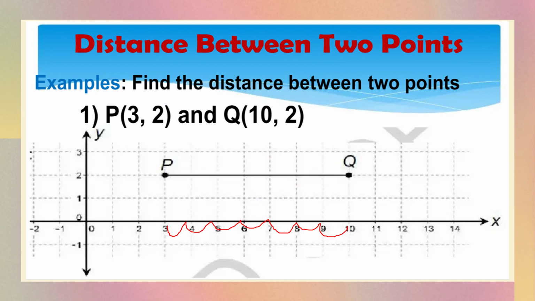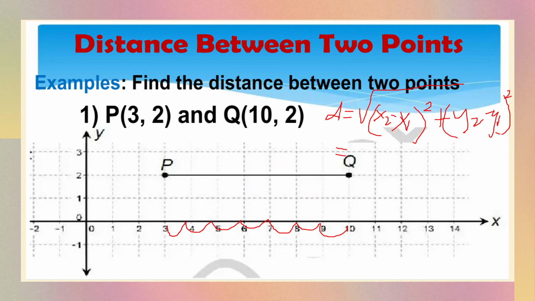But since we're going to deal with the formula, D is equal to the square root of x sub 2 minus x sub 1 squared plus y sub 2 minus y sub 1 squared.